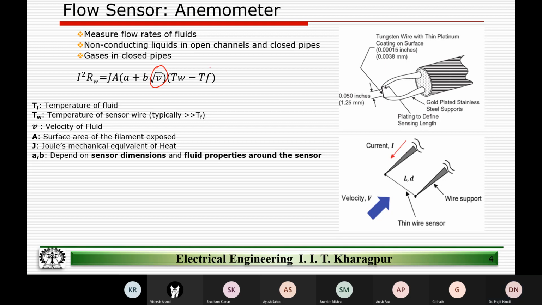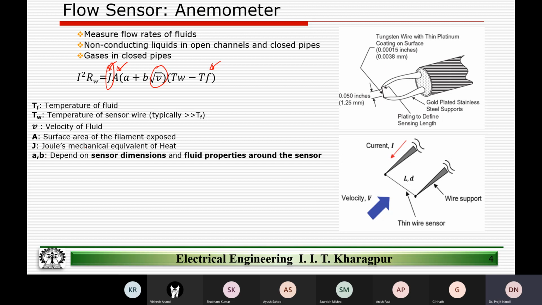The temperature of the fluid is known to us, since the fluid is being used in a certain system, so for now this is not a variable. The area of the wire is known to us, not a problem. J is nothing but Joule's mechanical equivalent of heat, a physics constant, known to us.